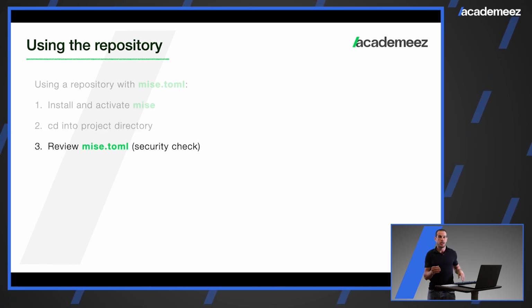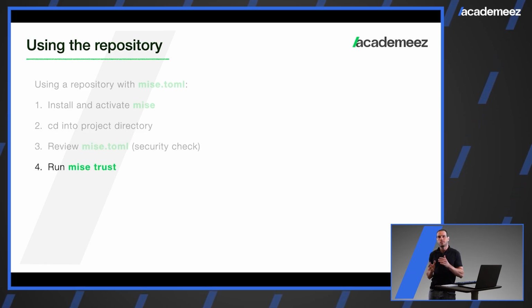You cd into the project directory where you have, in the root of the project, a mise.toml. You review the mise.toml. You might need to run mise trust, otherwise mise will error out. But only run mise trust after you examine the mise.toml and it seems like a normal configuration. There are no weird tasks or weird tools that are downloaded from unknown locations.